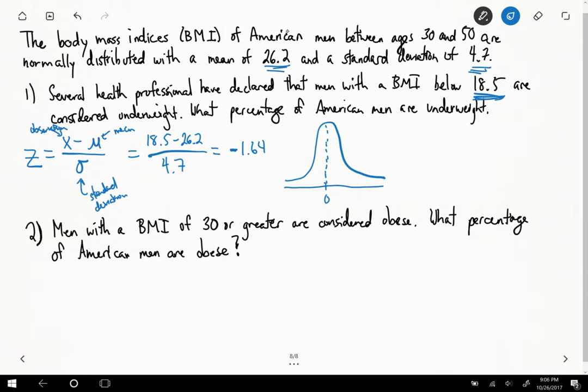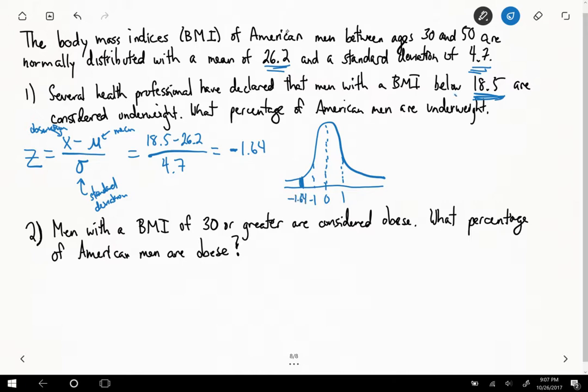Then you can go in these different layers, and you have something like -1 and +1. If you've looked at the videos before, you probably saw that approximately 68% or so appear between -1 and +1, and then you can go on to -2. Well, what we have is -1.64, so that's somewhere in this region.